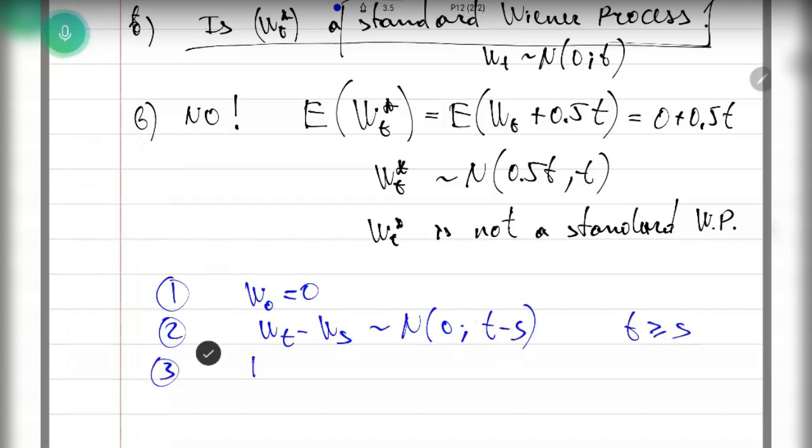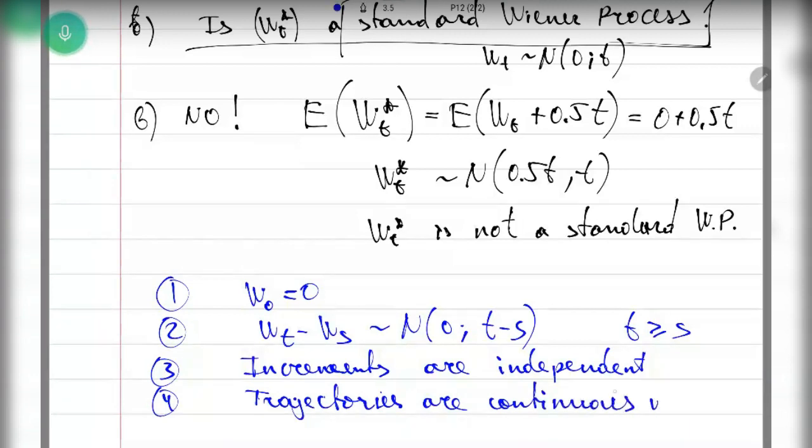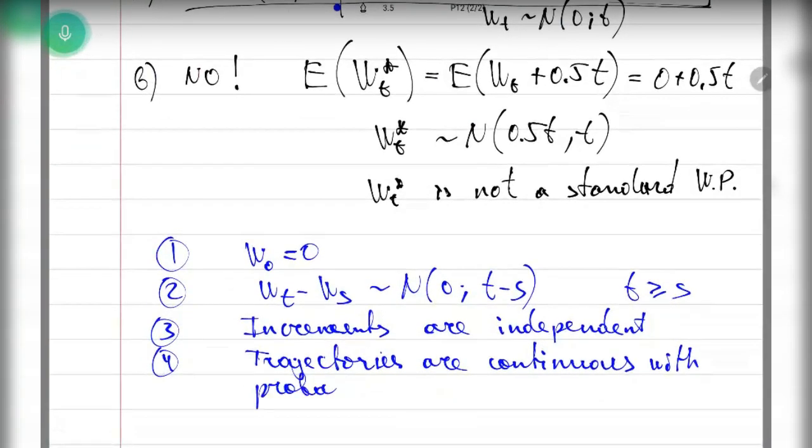We say that increments are independent. And trajectories are continuous with probability 1.